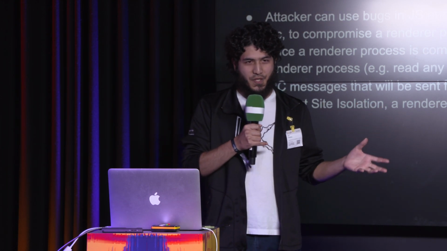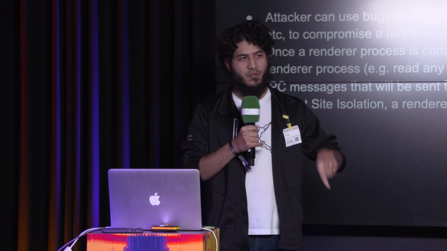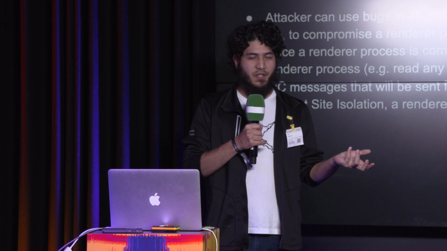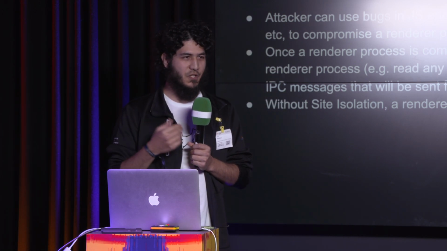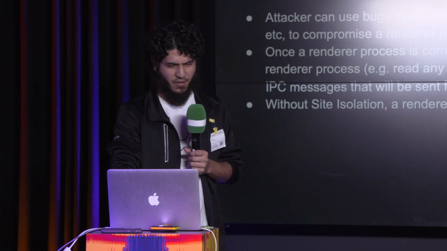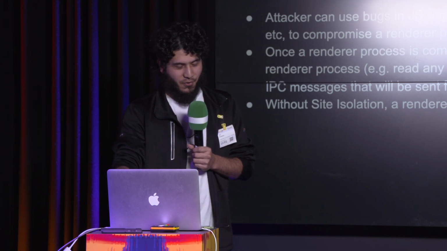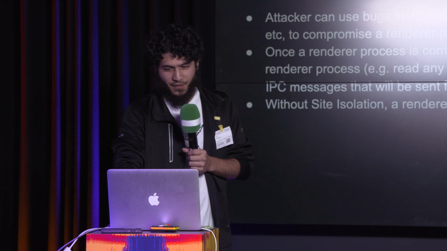So you get a JavaScript exploit or some exploit that will compromise the process. You can iframe Google, and now suddenly you have script execution in google.com, so you can steal all Google data. This is true for browsers that don't have site isolation, like Mozilla, Firefox and Safari. So it's pretty bad.